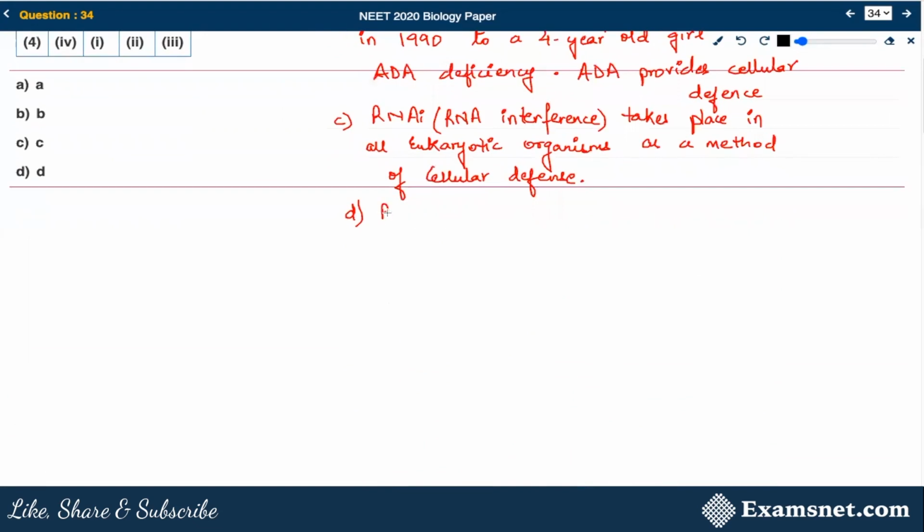This means PCR is used to detect HIV in suspected AIDS patients. All right, this is the case.